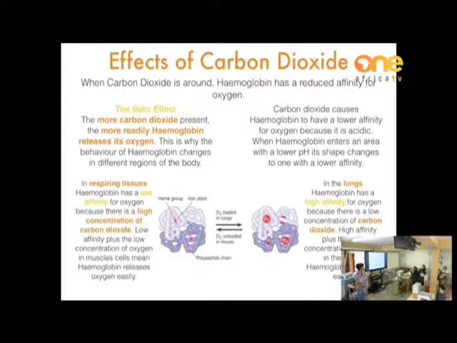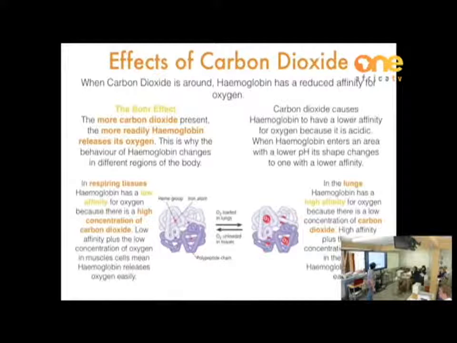In my lungs, hemoglobin has a high affinity. It forms a huge, nice molecule and transports oxygen. Carbon dioxide causes hemoglobin to have a lower affinity for oxygen because it is acidic. That's what it is. So now we think in biology together.